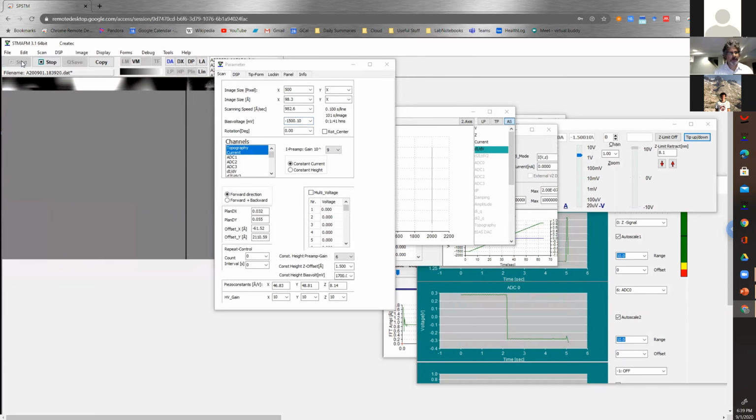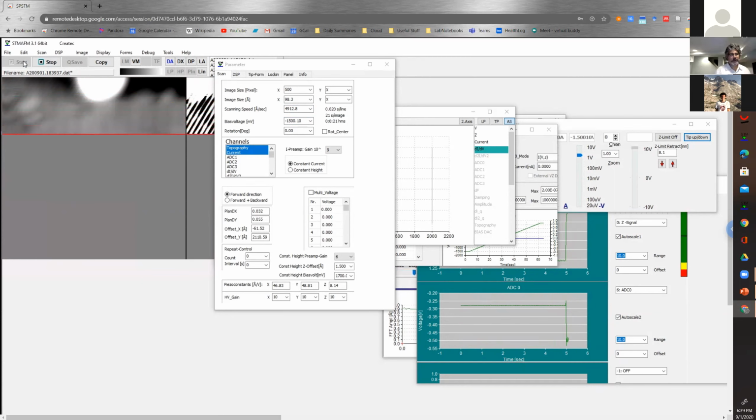And one of the things we spend a lot of time studying is, does the voltage matter in terms of our imaging? And let me also, because I'm less patient than my PhD student, speed this up a little bit. Okay, so now this is a 10 nanometer square image, and that's about the scale where you can start to see individual atoms very clearly in the images.